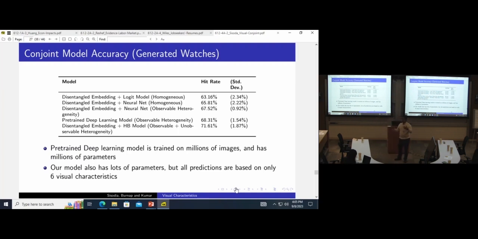So this really means that the model is capturing something very basic, which humans probably have preferences on. And our method only found 6 characteristics, but typically a pre-trained deep learning model will have lots more, typically hundreds of dimensions.